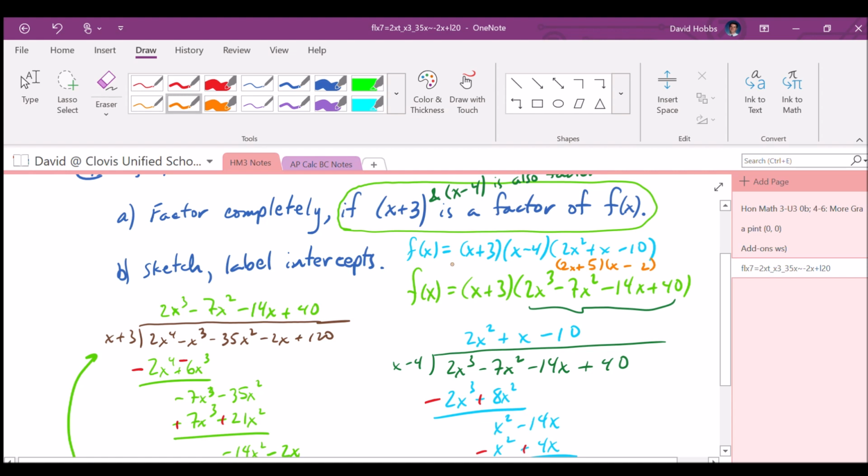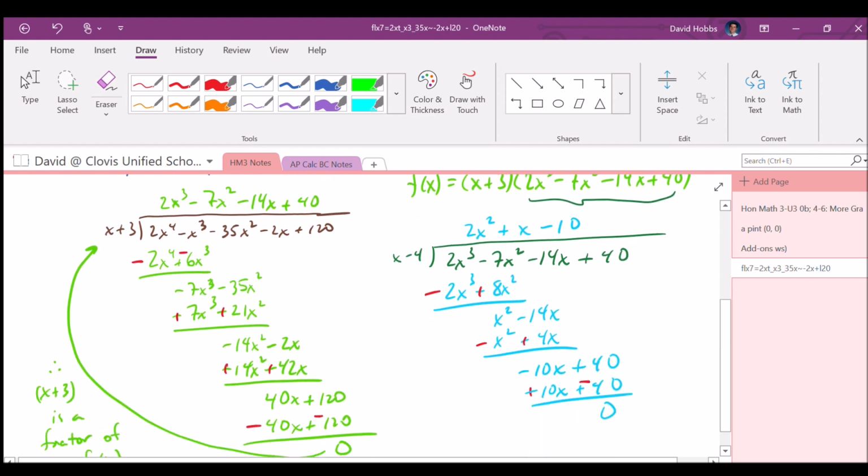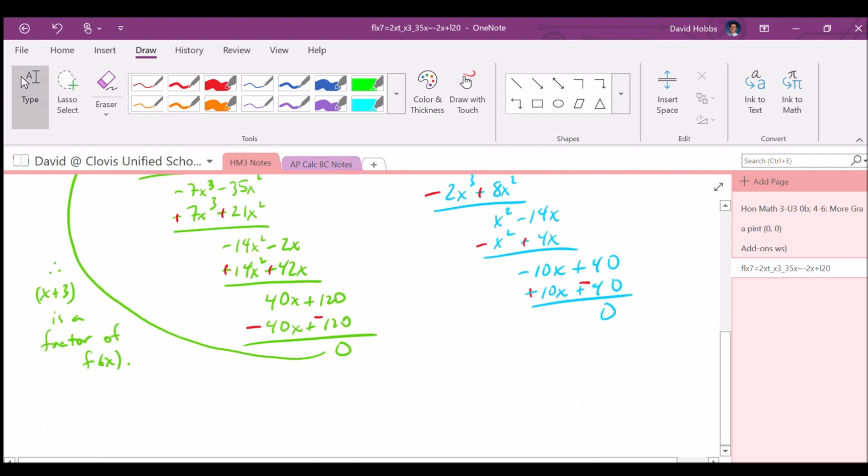So here is the fully factored form for f of x. So long division, sometimes we need long division to be able to finish factoring these things. Here's f of x all factored. I like putting the 2x plus 5 out in front myself, but you don't have to. You could just leave it in the order we had before.